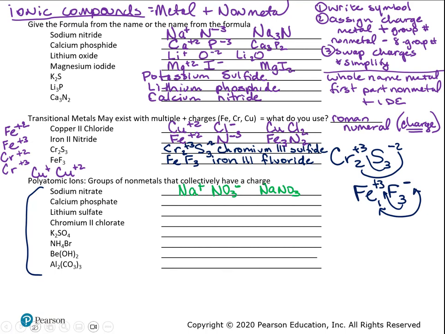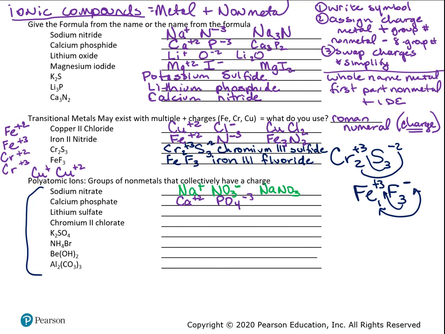So calcium phosphate. So calcium is Ca with a +2. And then phosphate is PO4, and its charge is a -3. So with 2 and a 3, they're not equal, so I got to do the swapping.